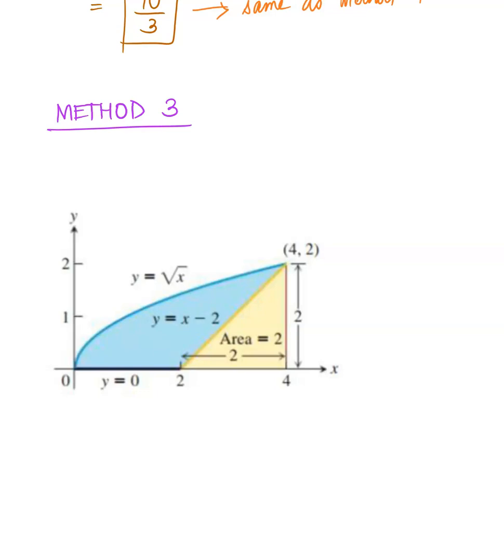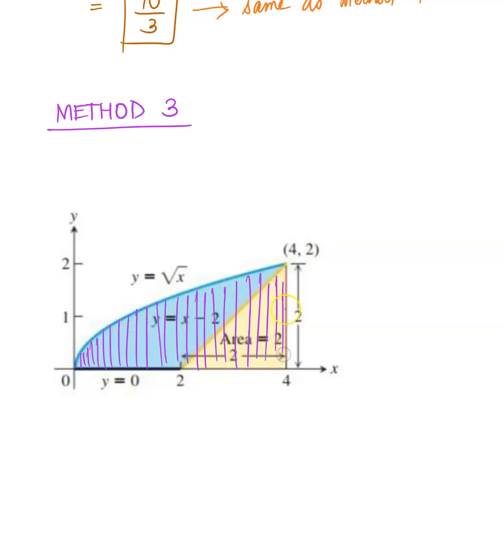So the method here is that we will take the area of this whole region, which is the area under this curve, right? The whole thing, 0 to 4, under the curve, minus this triangular region, right? This triangular region can be found using algebra.